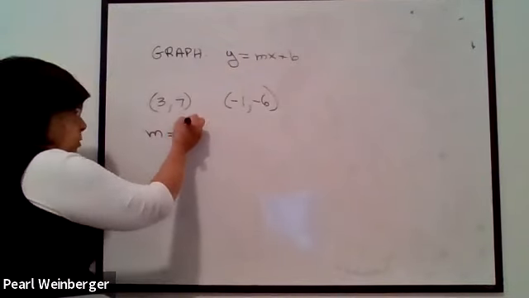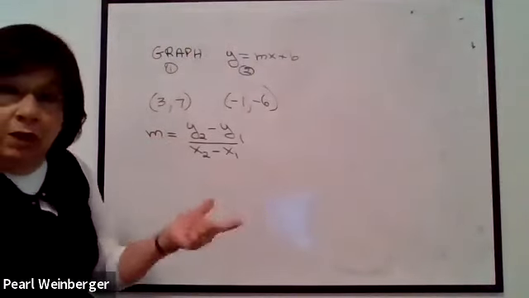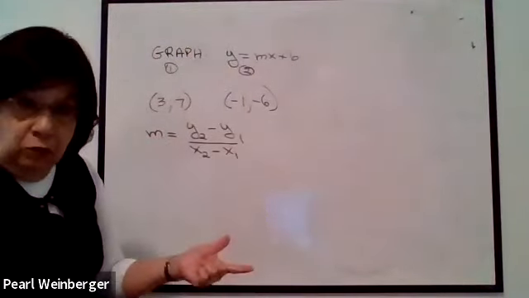Now, what these subscripts on the numbers mean are just telling you we have 2 points here. Let's call one point 1 or our first point, and the other one we'll call point 2, our second point. When I talk about x1 and y1, I'm talking about the x and y of the first point. When I talk about x2 and y2, I talk about the x and y of the second point.